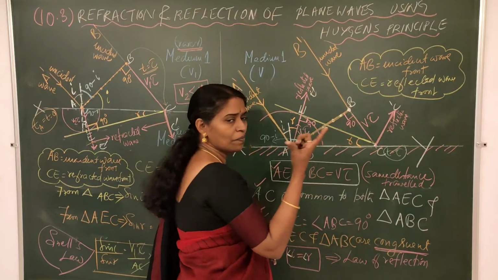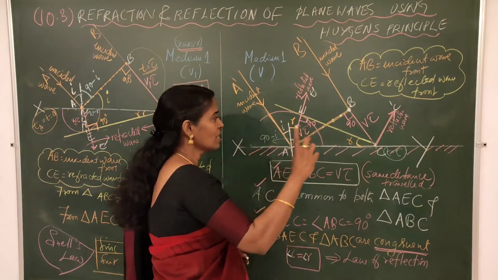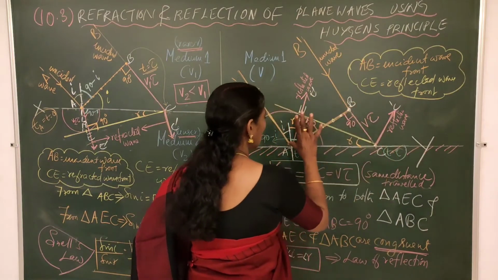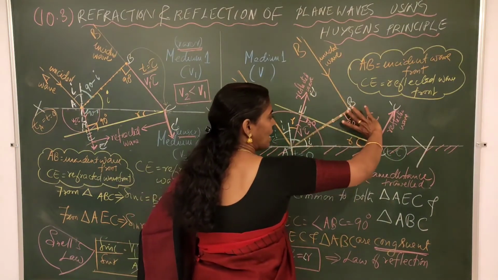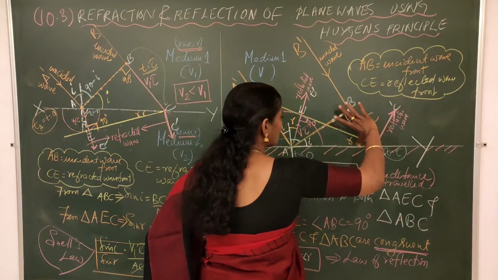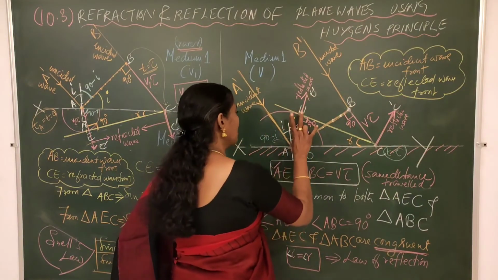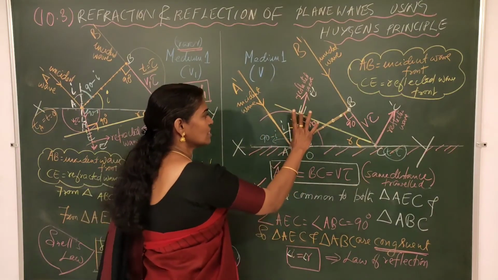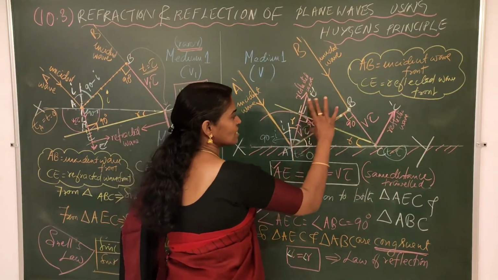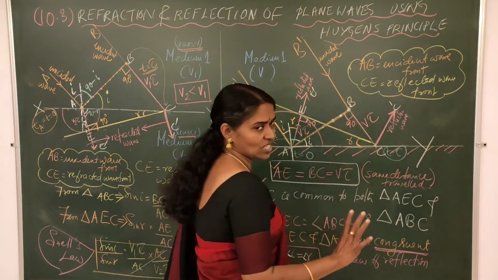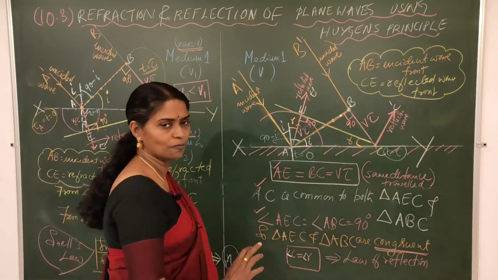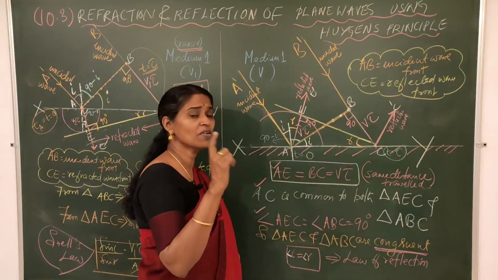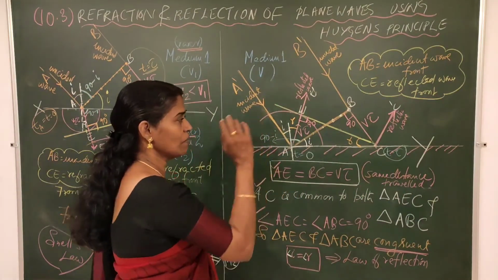If you have a compass and pencil, maybe you can draw a better diagram. The same radius will be here again. As it travels V tau distance, the same V tau will be here again. So AE distance is the same as BC distance, that is V tau, the same distance travelled just because they have the same velocity in the same medium.